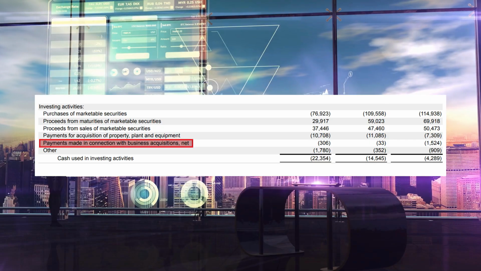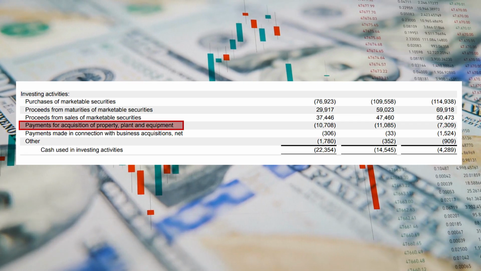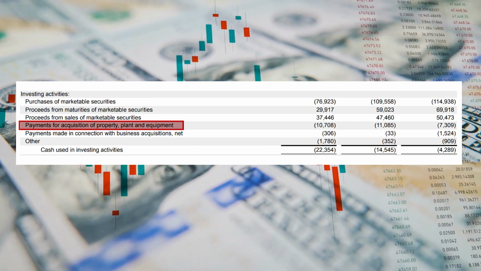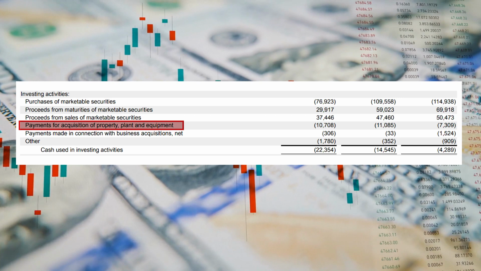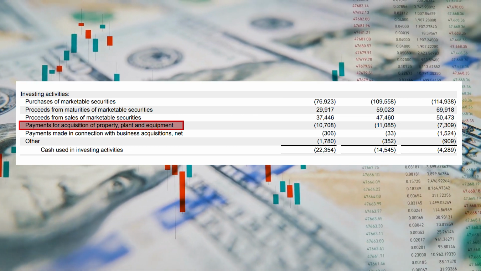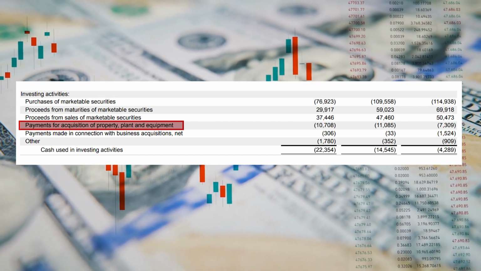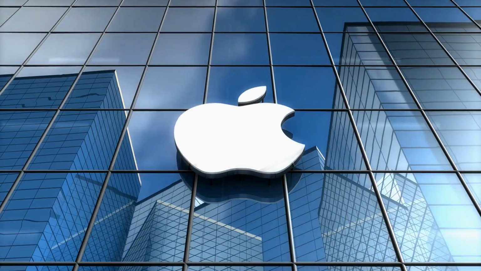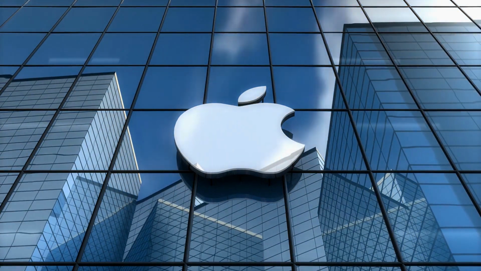And now, for the real star of this section, capital expenditures, or CapEx. CapEx is the money that a company uses to buy, maintain, or improve its physical assets, like property, plant, or equipment. These investments are crucial for a company's growth and sustainability. Imagine a tech company like Apple not investing in new equipment, technologies, or facilities.